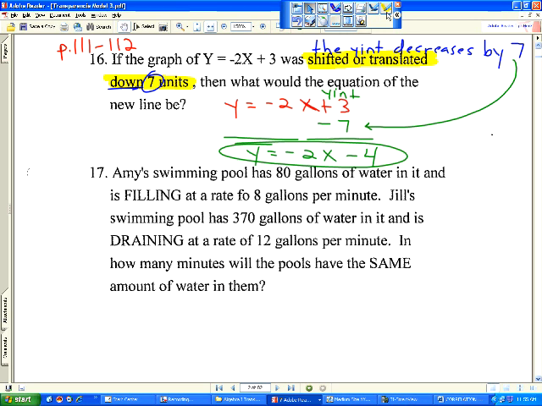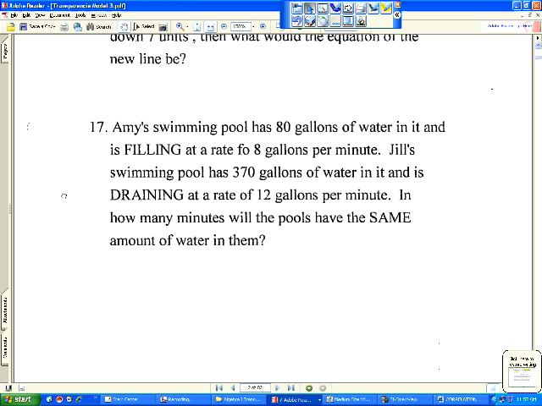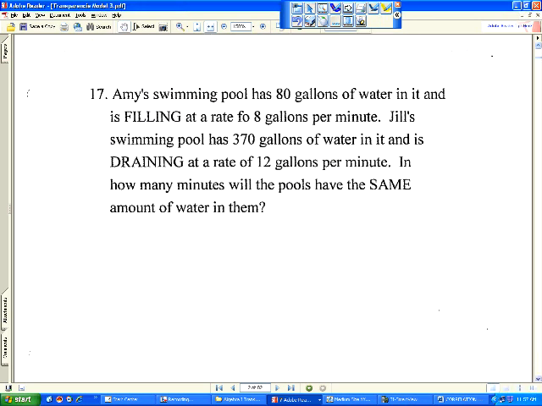Number 17, word problems involving linear equations, page 114 and 115. But we're really going to do it like page 41, number 4.